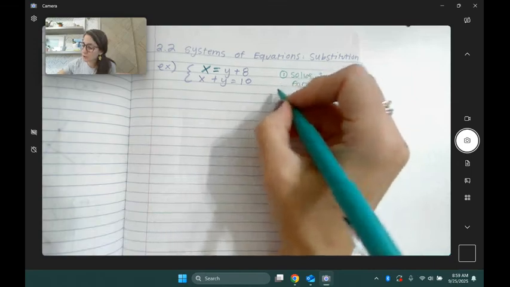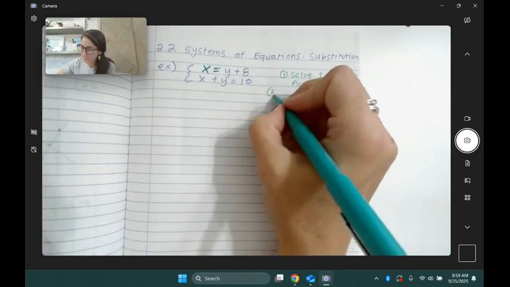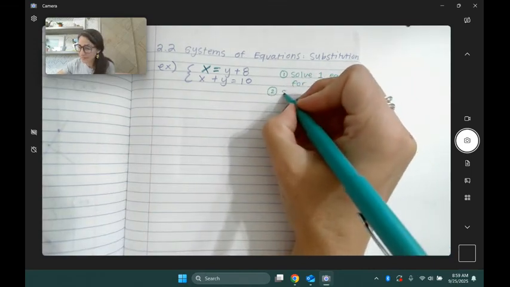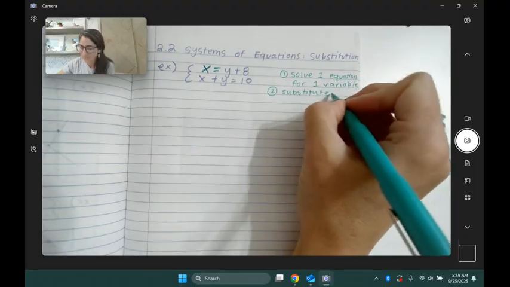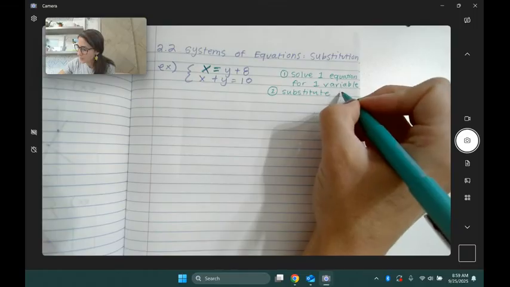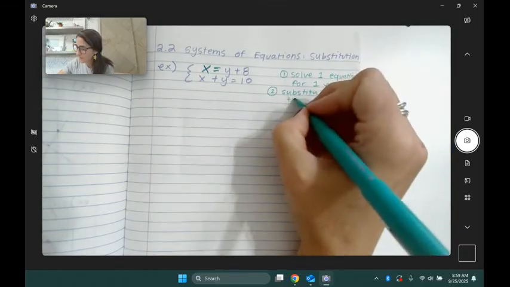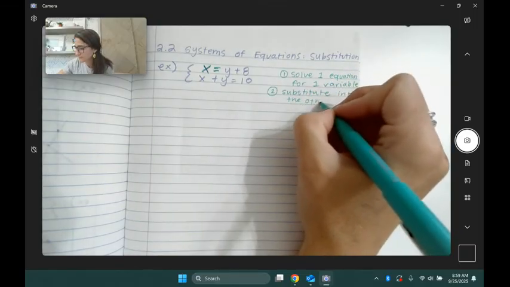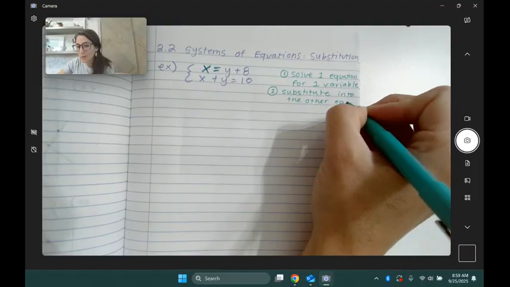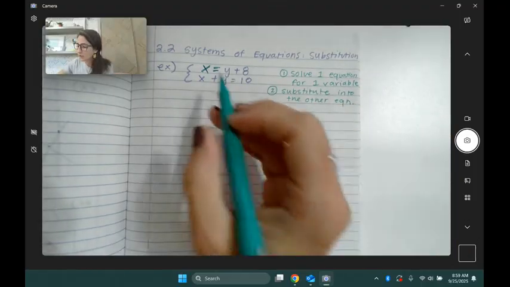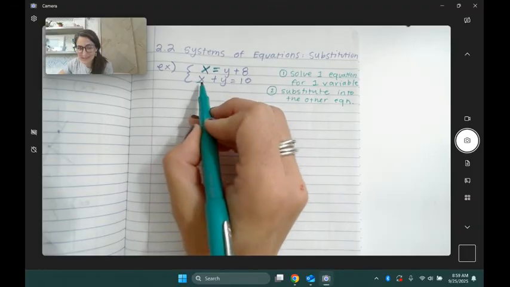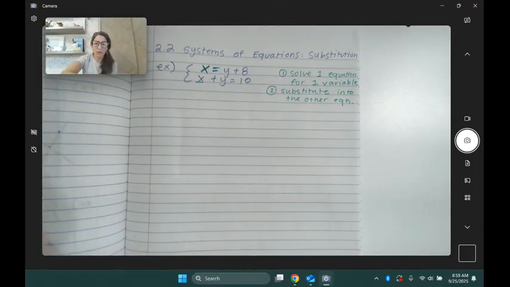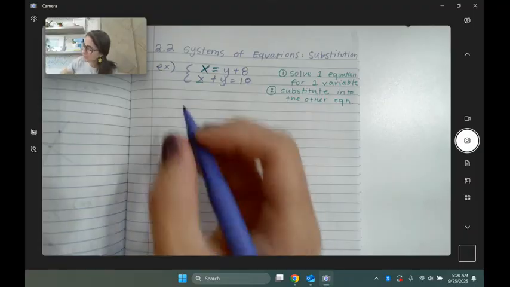Step number 2, substitute into the other equation. I'm going to write EQN for equation. So I'm going to take what x is equal to, and I'm going to replace or substitute or plug in to the other equation.